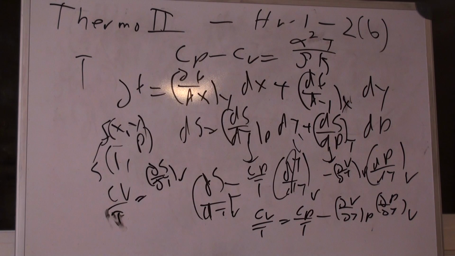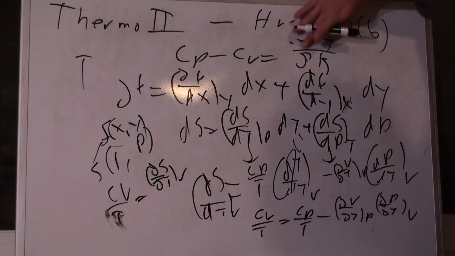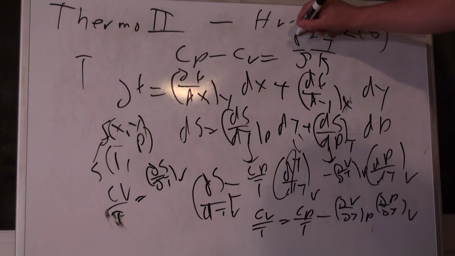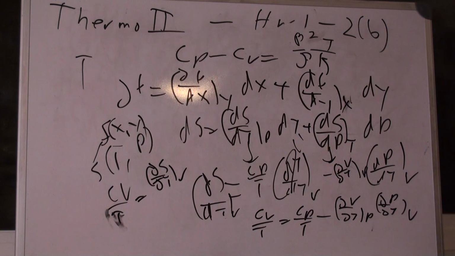Actually, I have my cheat sheet. This should be a beta squared. Sorry about that. That's a beta squared. It's fine, it's not like we haven't gotten to that point anyways.